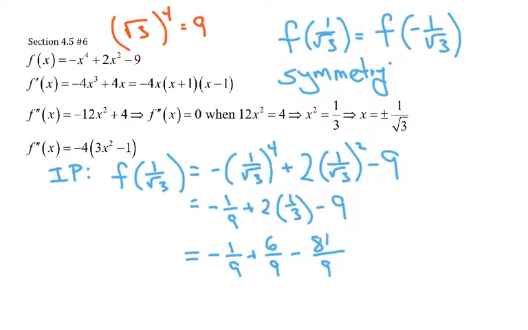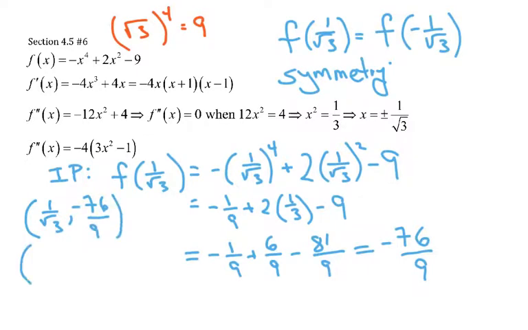So I pull out my handy dandy calculator and I ask myself, what's negative 82 plus 6, which I guess I could have done in my head. This is negative 76 over 9. So my inflection points look like this.